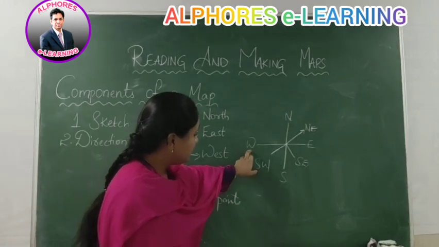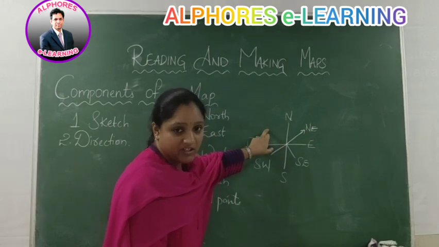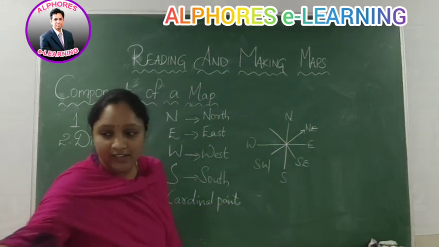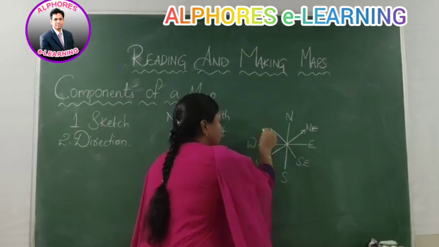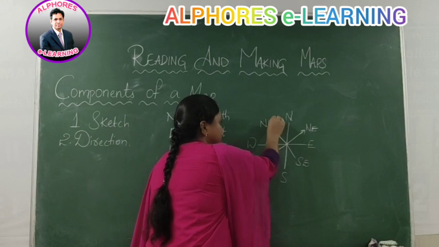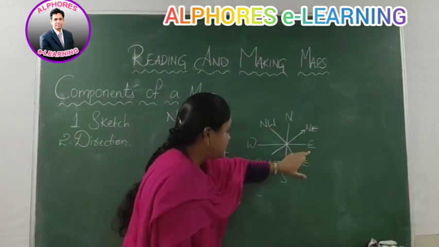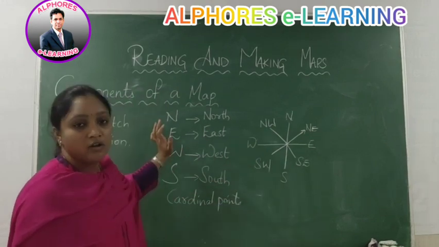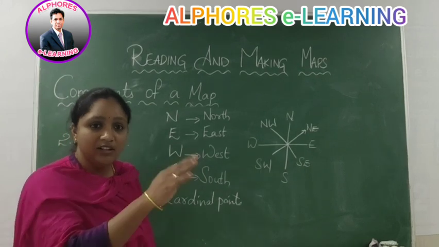And now again, in between the west and the north, we have one more direction, what is that? Anyone can tell me? Very good. That is the northwest direction. Right? So these are the different directions that we have to identify the places, or to locate the places, or to analyze the places on the map.